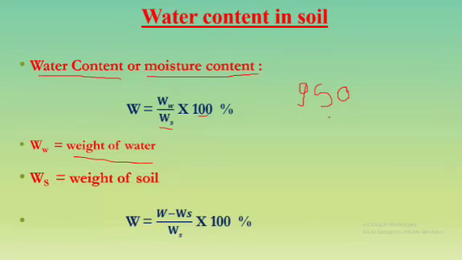That 50 gram is the weight of water. In this way we calculate the weight of water. Now this is the modified formula, where the weight of water is written as the weight of total soil minus the weight of soil particles.